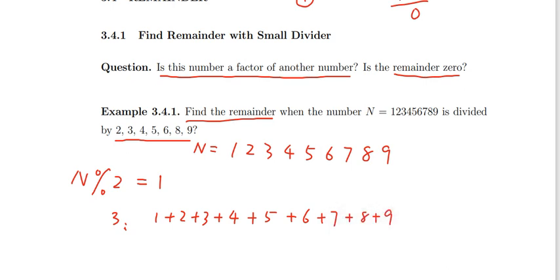We just need to check this sum divided by 3. What is the remainder? This is 3, this is 3, this is 3, this is 3, and this 3 is also divisible by 3. So the remainder is 0.